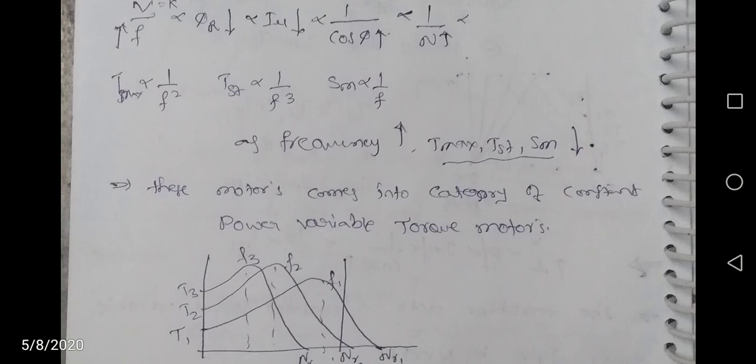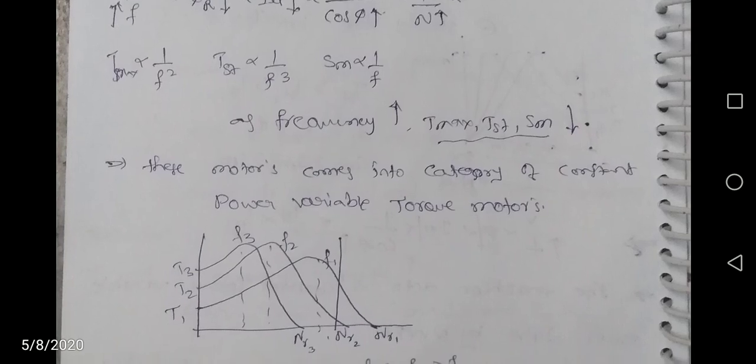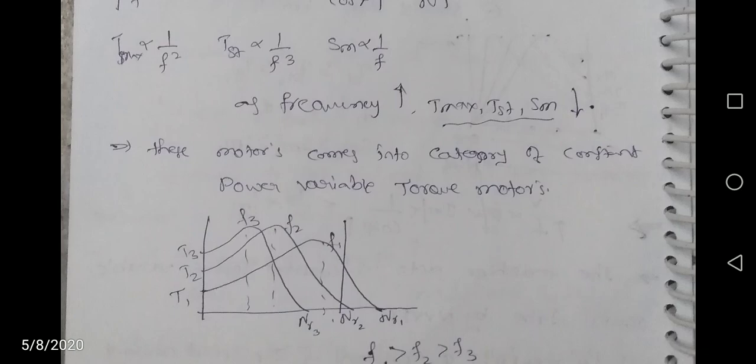This motor comes into the category of constant power variable torque motors. Above rated speed, only frequency is increasing.